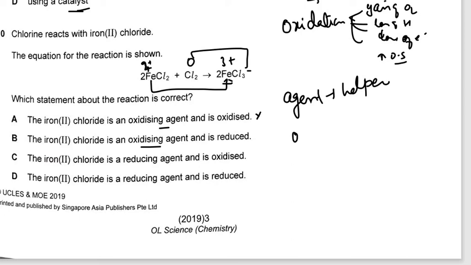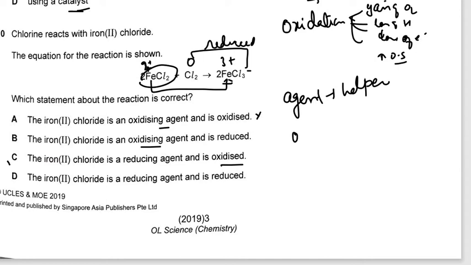Option number B, iron chloride is the oxidizing agent, and it is reduced. It is not the oxidizing agent. Just now I told you, iron chloride is the reducing agent and it is oxidized. Yes, it is the reducing agent, because it is helping chlorine to reduce. See, chlorine is reduced, right? How is it reduced? Because this is helping this to reduce.